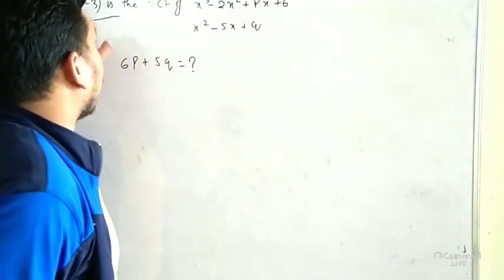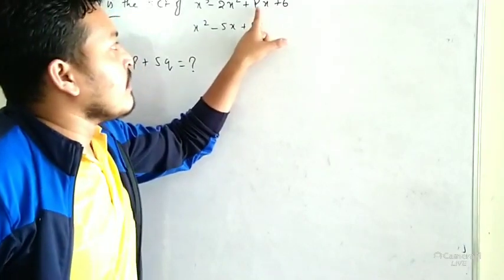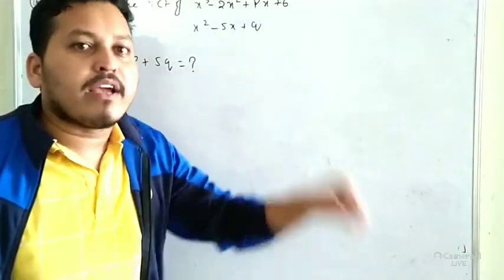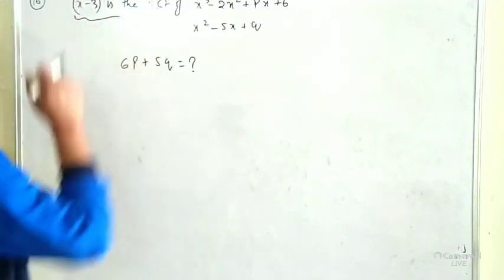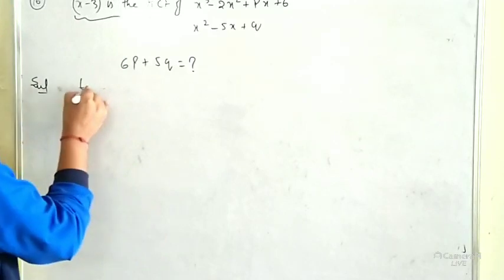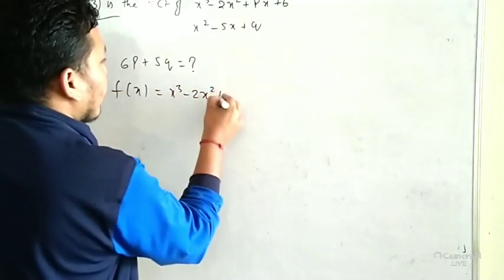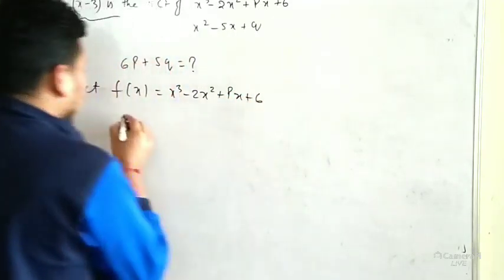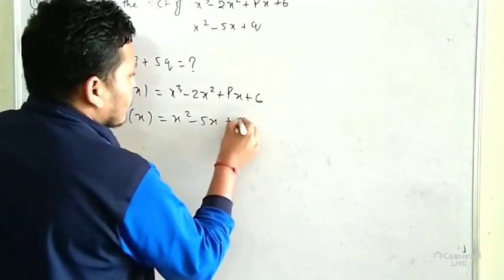When you substitute the value x equals 3 here, we will get remainder 0. Since x minus 3 is a factor, let the first function be f(x) is equal to x cube minus 2x square plus px plus 6, and let the second function be g(x) is equal to x square minus 5x plus q.